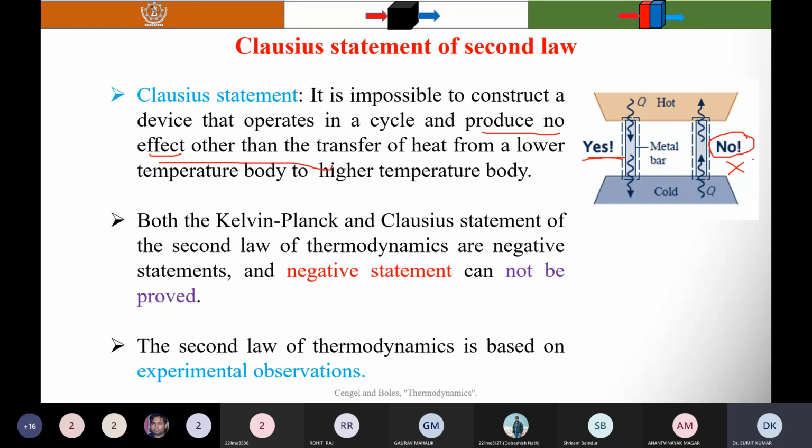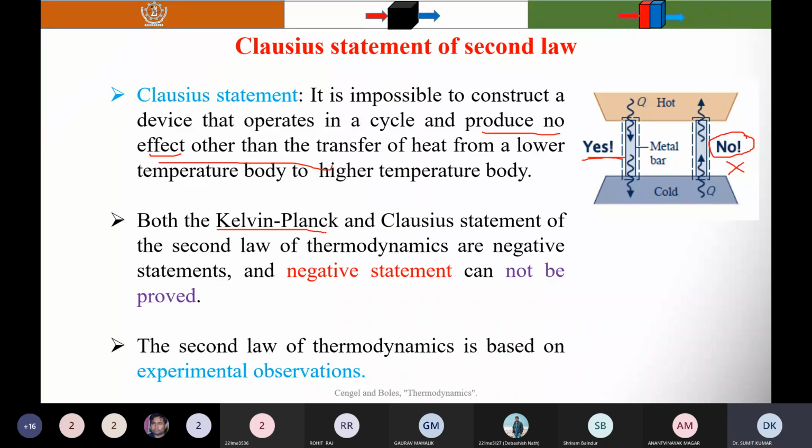Now you understand that the Kelvin-Planck statement is talking about the heat engine, and the Clausius statement is related to the refrigerator and heat pump, because it is talking about the energy transfer from the low temperature body to the high temperature body.